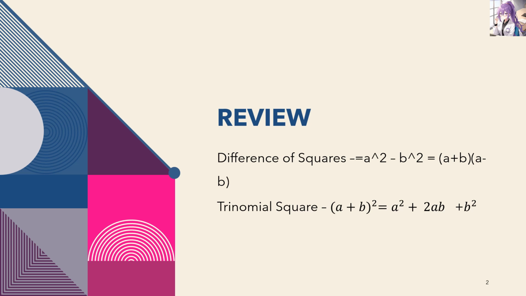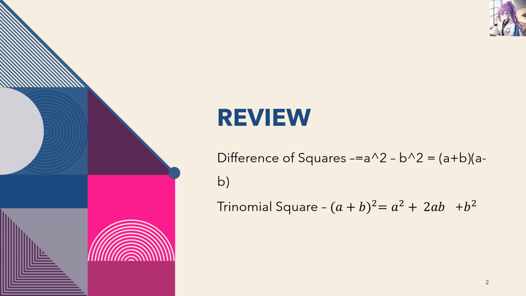Let us go over the two patterns we've covered in the previous factoring videos, the difference of squares and the trinomial square. The difference of squares is when we have a squared minus b squared, or a similar pattern, that multiplies out to (a plus b) times (a minus b). If you want to factor the pattern on the right-hand side, just look at the left-hand side, because that is what it will factor into.